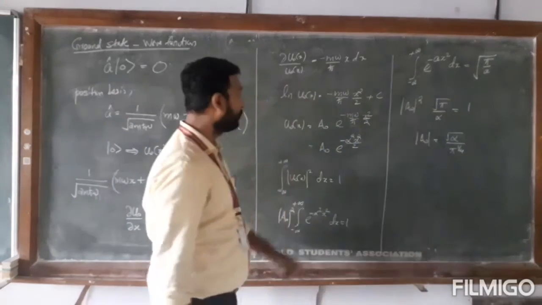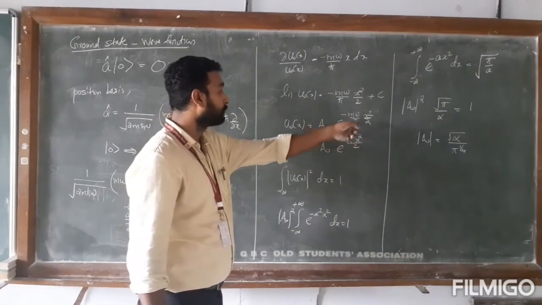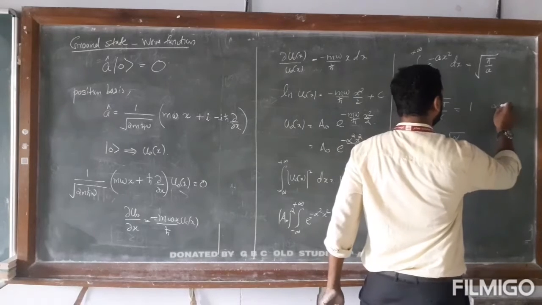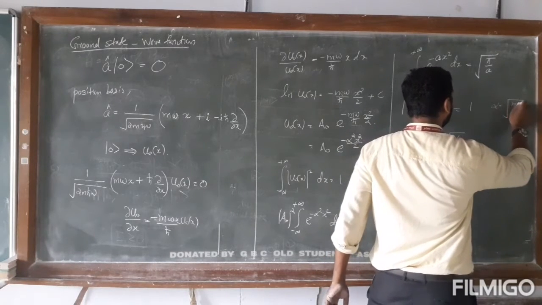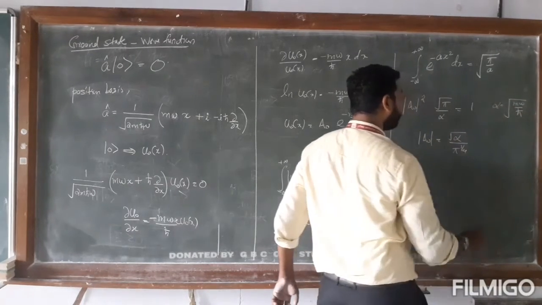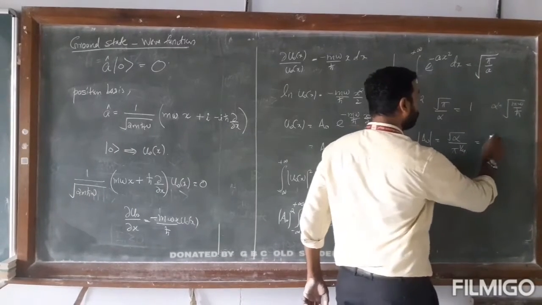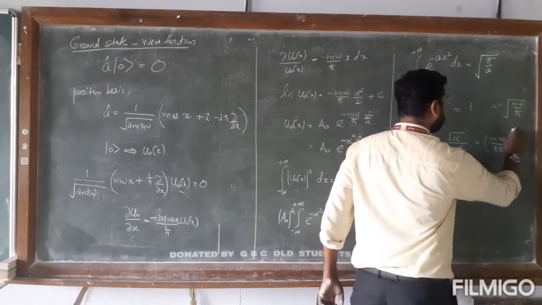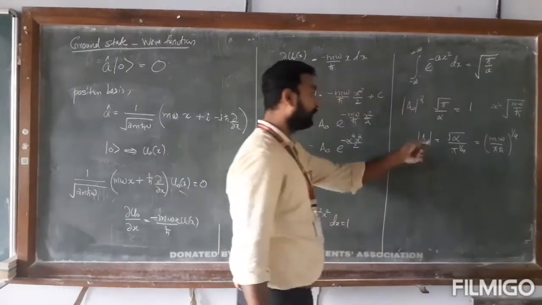And what is alpha? Alpha we have found here. So alpha squared is mω by ħ. So alpha is nothing but square root of mω by ħ. So root alpha becomes mω by ħ all raised to 1 by 4. So that is your a0.